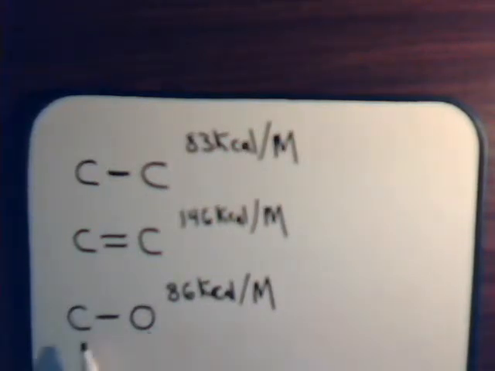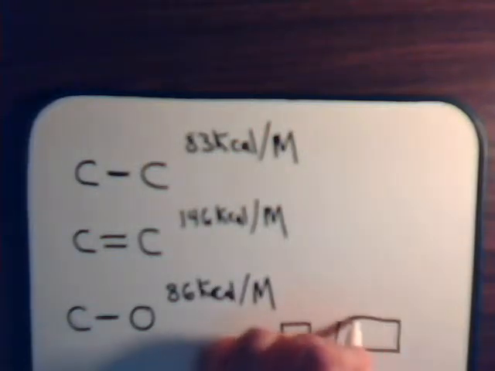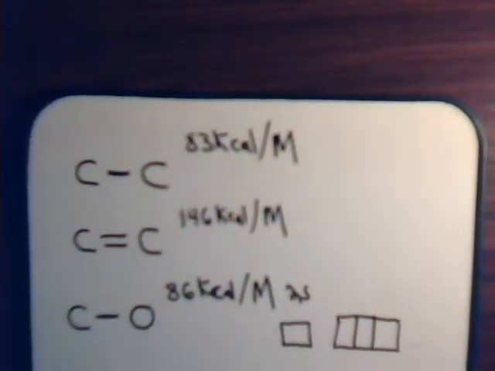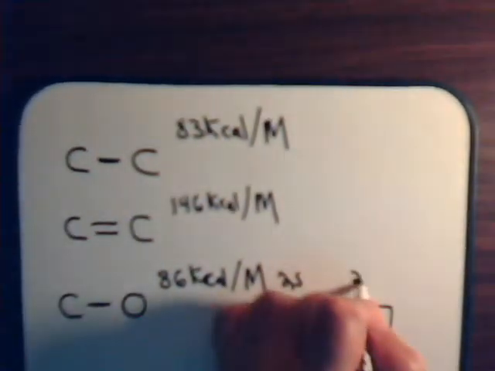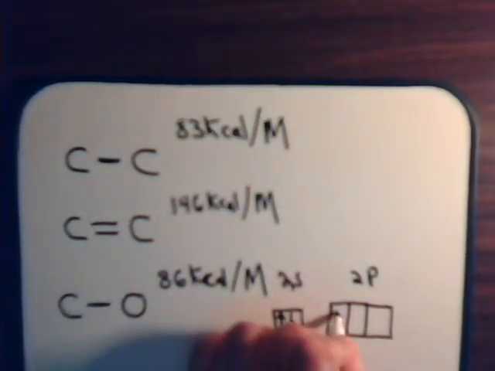Here, when it has a single bond, like carbon, oxygen also is sp3 hybridized. Now, the orbital block diagram for oxygen. That's 2s, that's 2p. Looks like this.